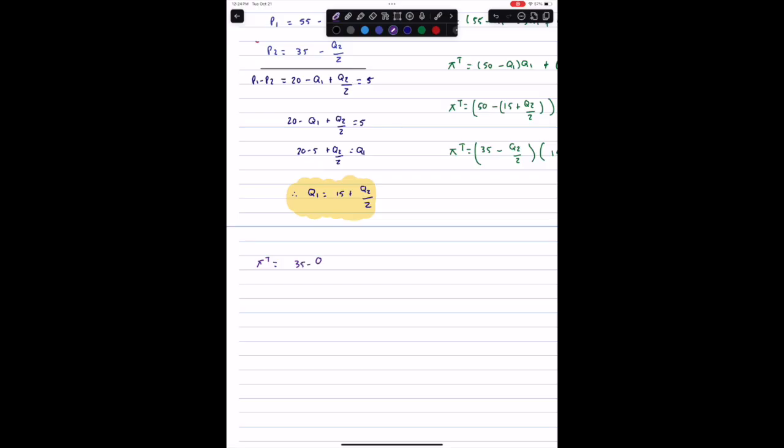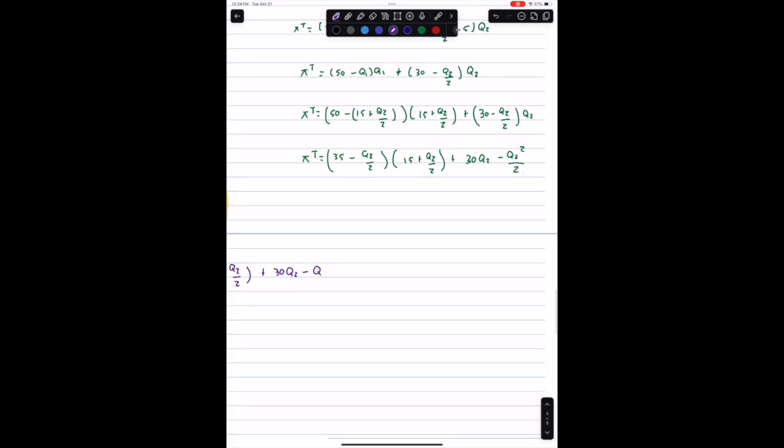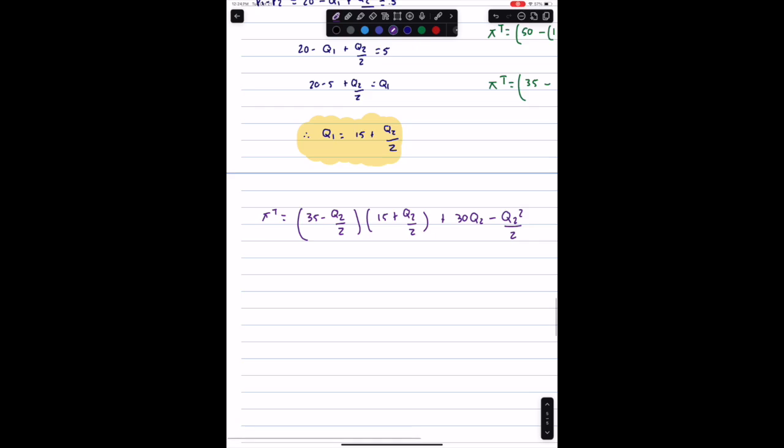Profit total is equal to 35 minus Q2 over 2 times 15 plus Q2 over 2 plus 30 Q2 minus Q2 squared over 2. Okay, we're going to take the derivative of profit with respect to Q2.